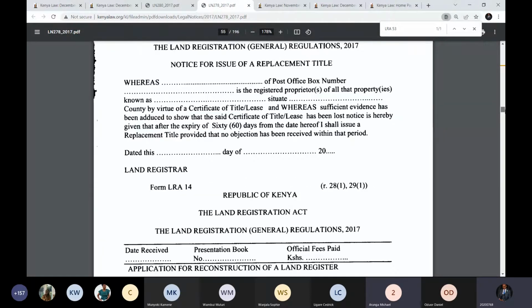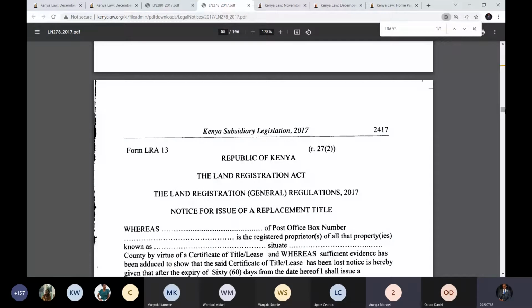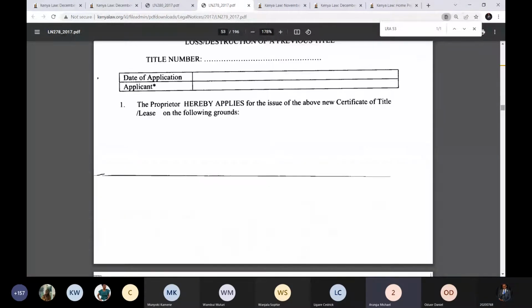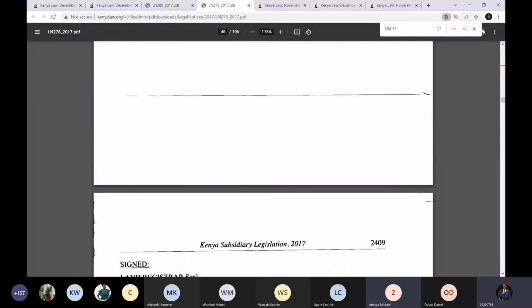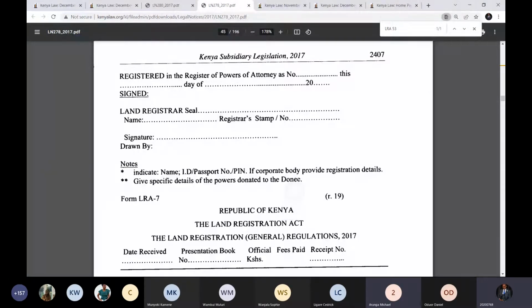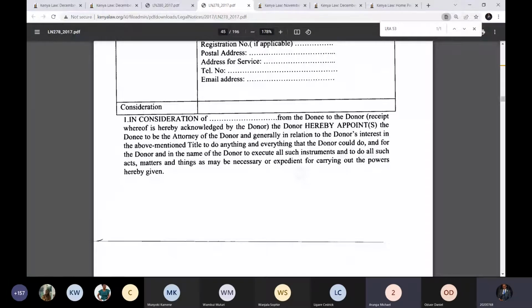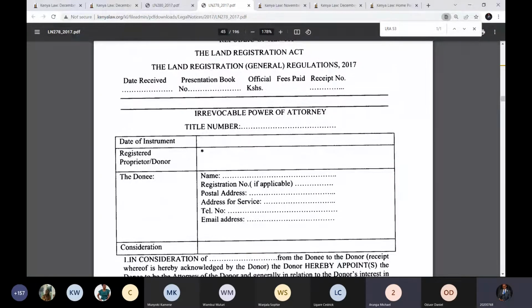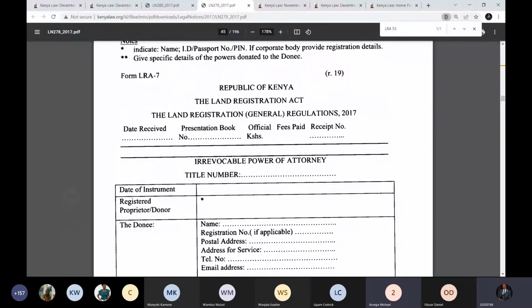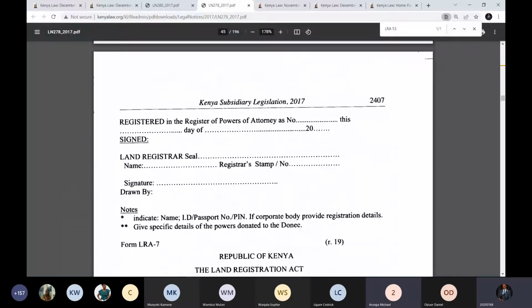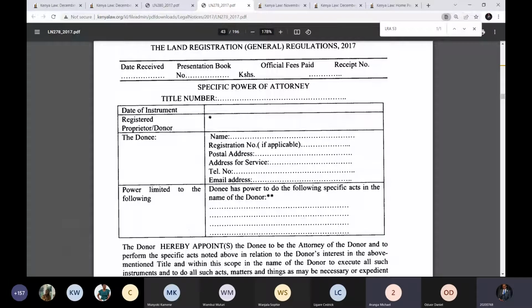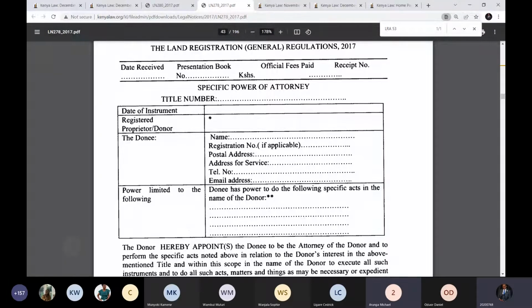If you look at Form LRA 7, for the irrevocable, there's consideration given. If we look at the specific, Form LRA 6, there's no consideration, and it's limited to certain acts. If we look at Form LRA 5 for general, there's no limitation.